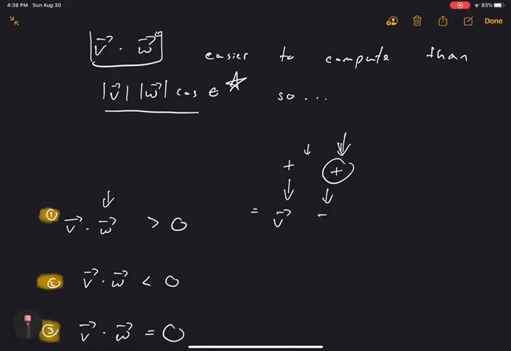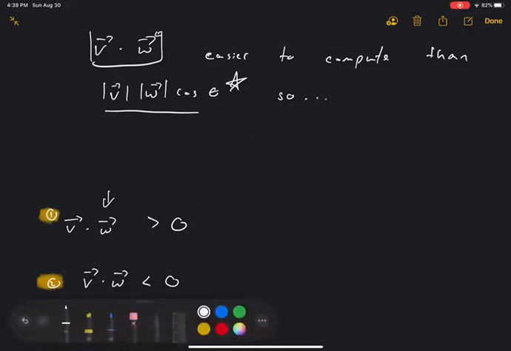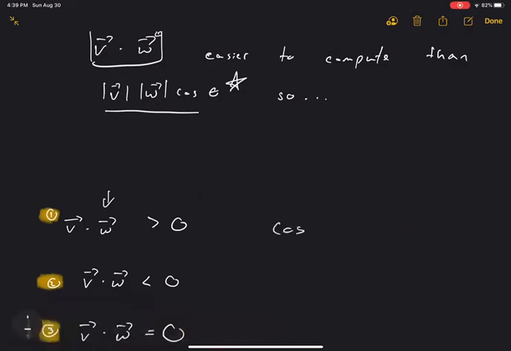So what we've found out is that cosine of theta is positive. The cosine of the angle between these vectors is positive. What does that mean? And let's just work in R2 for a second.